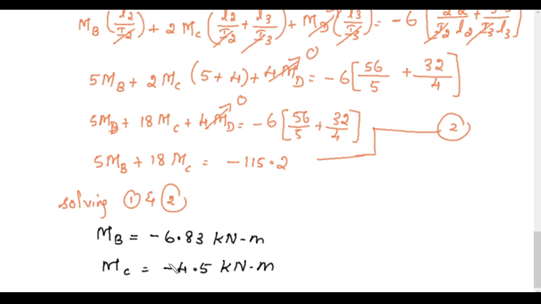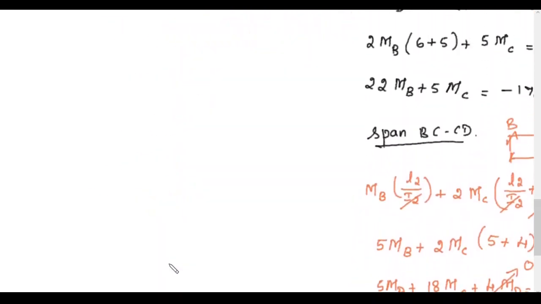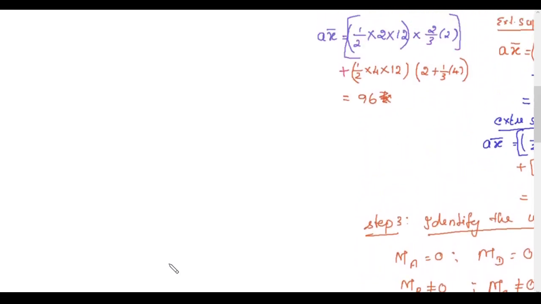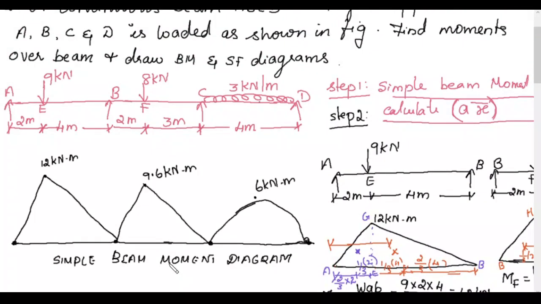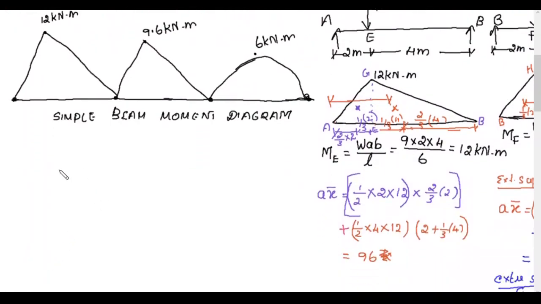Now we will draw this in our bending moment diagrams. Below this we will draw that is fixing moments, right? So MA is 0, at B the value is minus 6.83 and at C the value is minus 4.5.